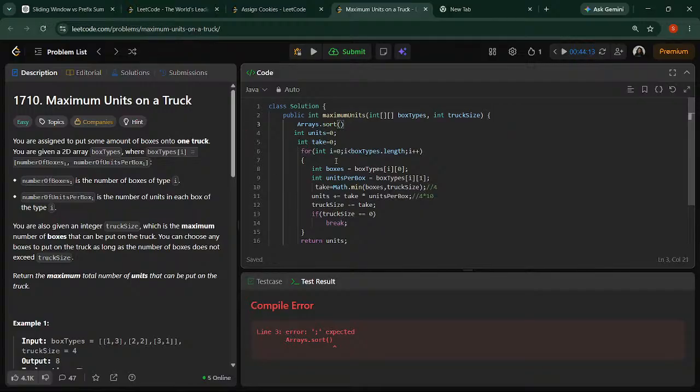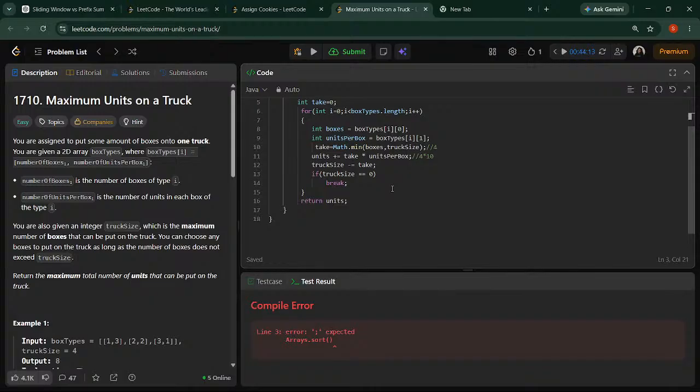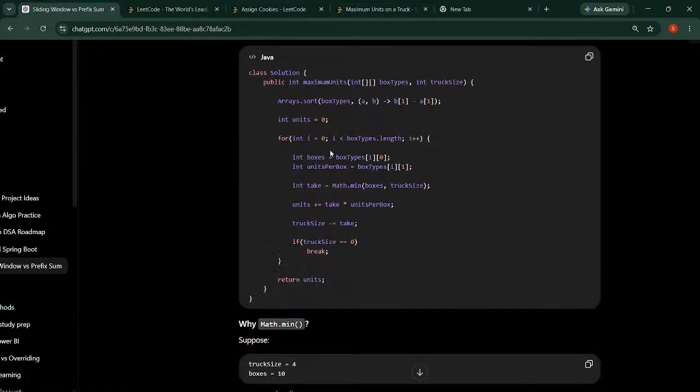I actually don't know how we can sort a 2D array. Like how? I don't know actually how to remove this.